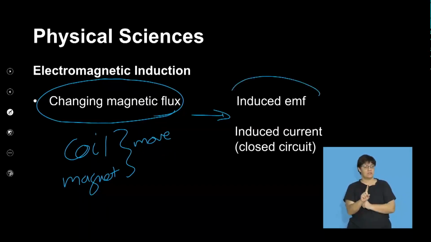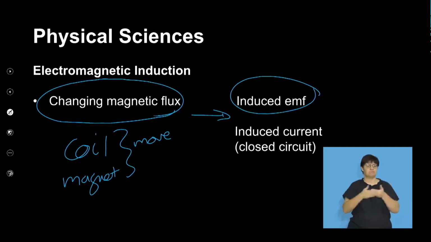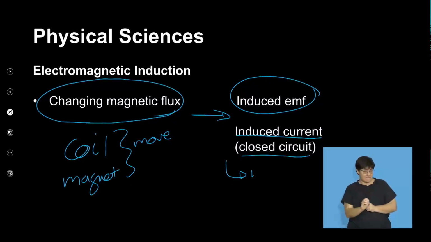You induce an EMF. If the coil isn't connected in a closed circuit, it will produce an EMF across the ends. But if we connect it into a loop, into a closed circuit, then we will get a current induced as well. And if there's a current induced, then we've got moving charge.